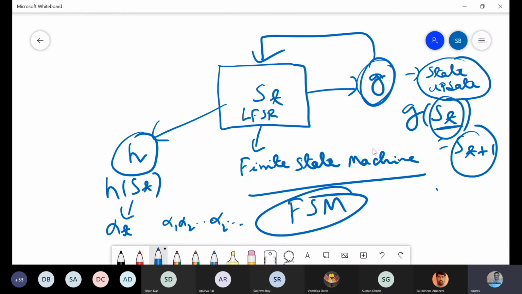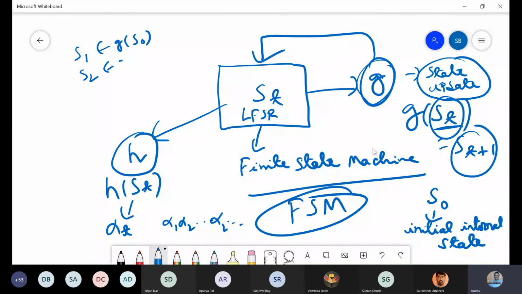We initialize with S0, the initial internal state value. Then S1 will be g of S0, S2 will be g of S1. So this state is updating every time.